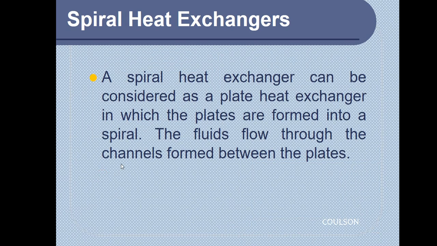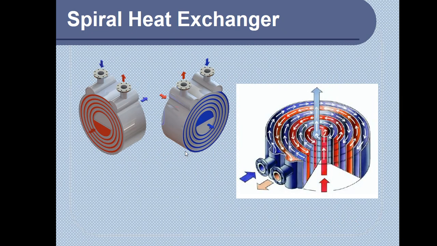A spiral heat exchanger is more or less like the plate and frame heat exchanger, only this time the stacked plates are rolled to form spirals inside. So the fluids flow through the channels formed between the plates. It would look something like this.